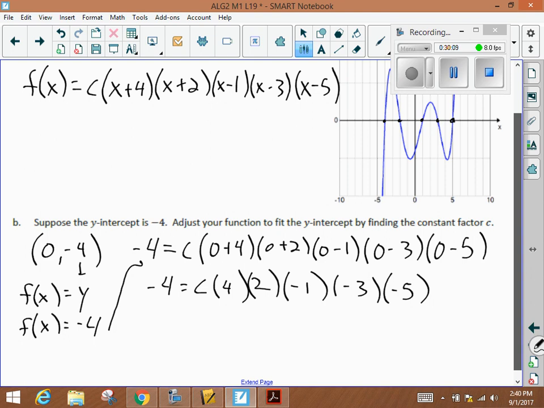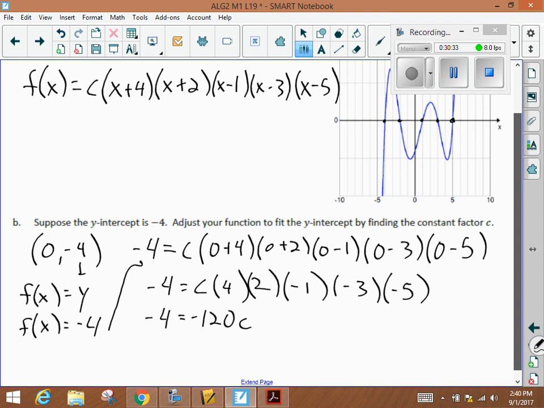So we'll go ahead and multiply that around. We've got 4 times 2 times -1 times -3 times -5, which is going to give me -120. So this is 4, and this is -120c.